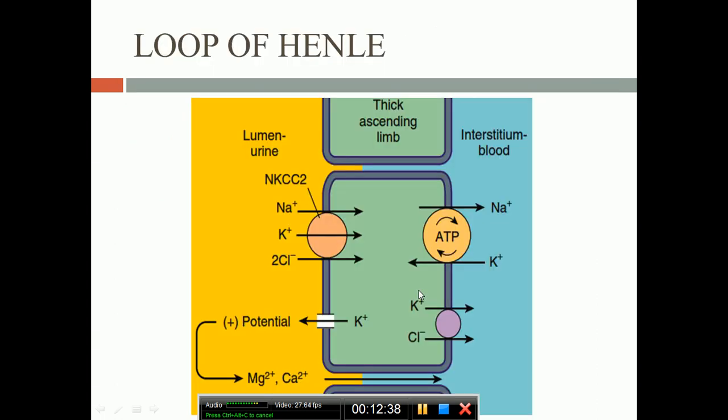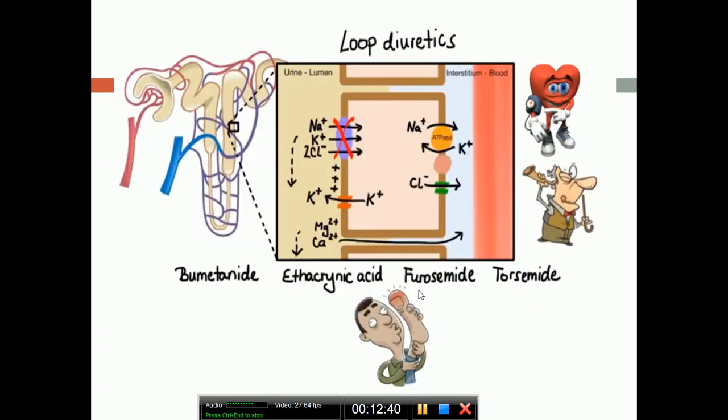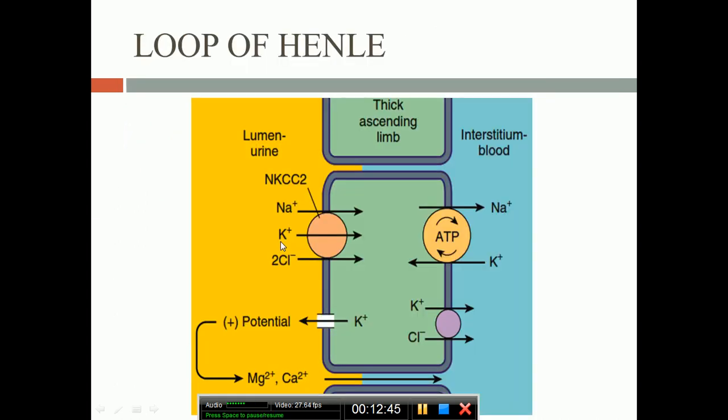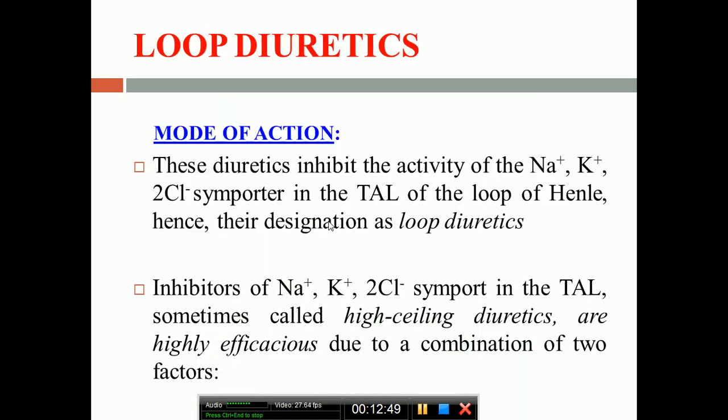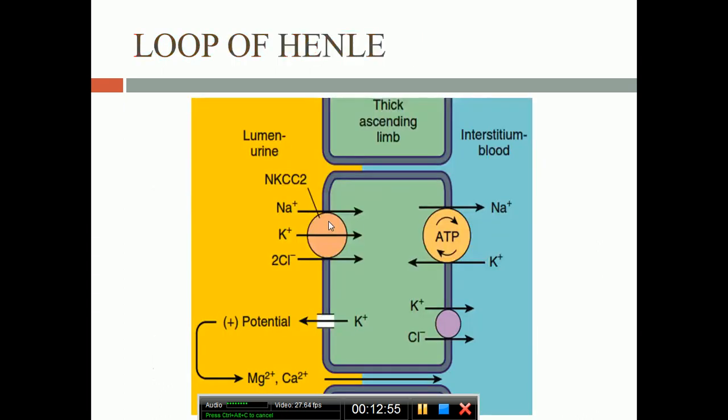Now this was the normal physiology. Now what actually do these drugs do? Simply, these drugs block this transporter. So what is the mechanism of action of loop diuretics? Loop diuretics are the inhibitors of this electrically neutral channel which transports sodium, one potassium and 2 chloride.